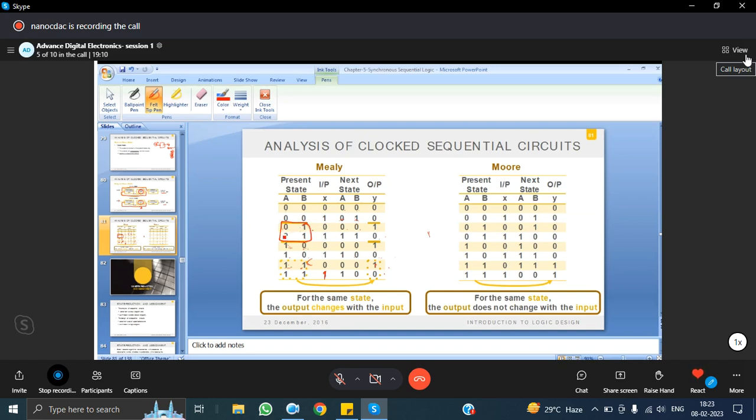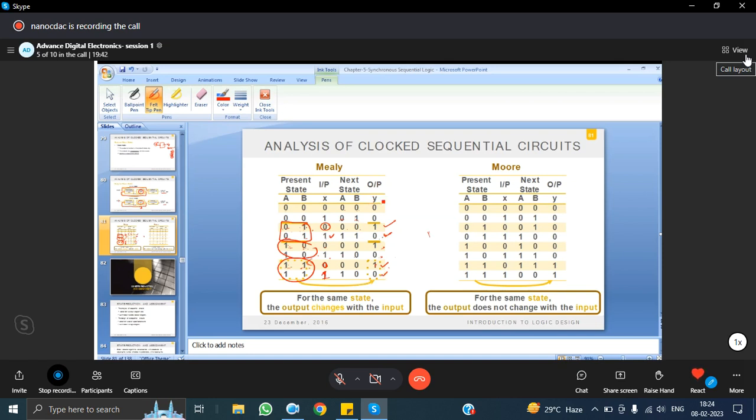These two are the same state. In the same 0 1 state, when 0 is given the output is 1, and when input 1 is given to the same 0 1 state, the output is changing. Here also 1 1: when input is 0 the output is 1. If you are changing the input, output is also changing.